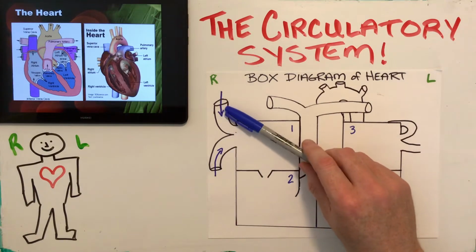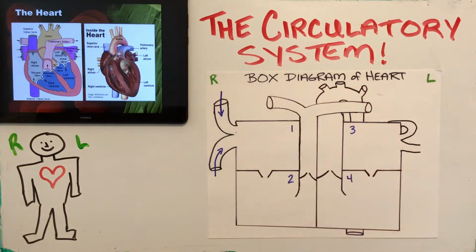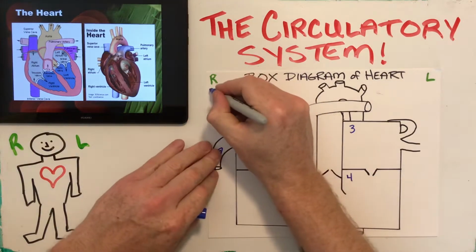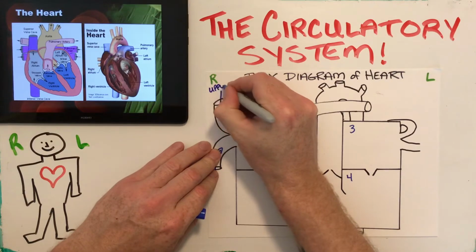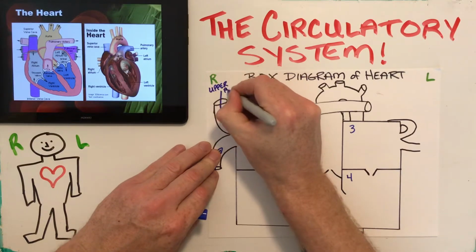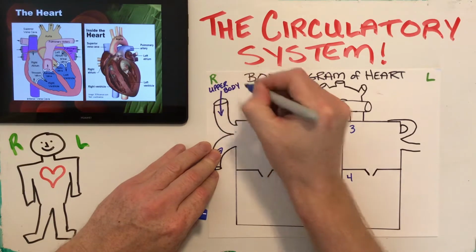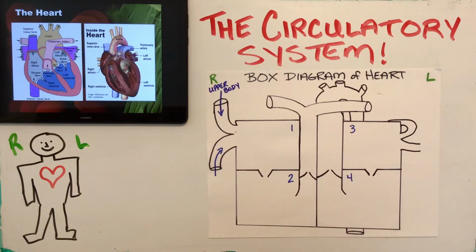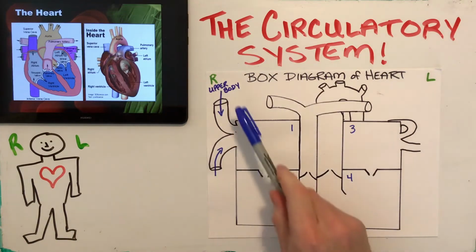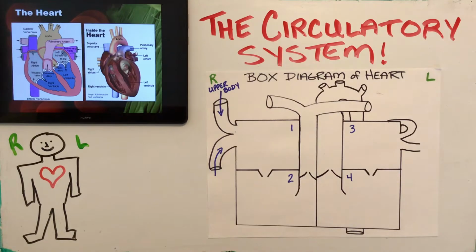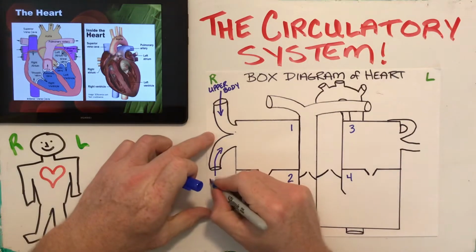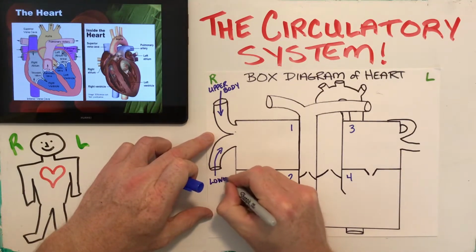This is oxygen depleted blood that is returning from the upper body. So this is coming from our upper body. Your arms, shoulders, and your head have used up blood, right? Your brain used up the oxygen in it, and now it's sending it back to the heart to go get a refill of oxygen. This is coming from our lower body.